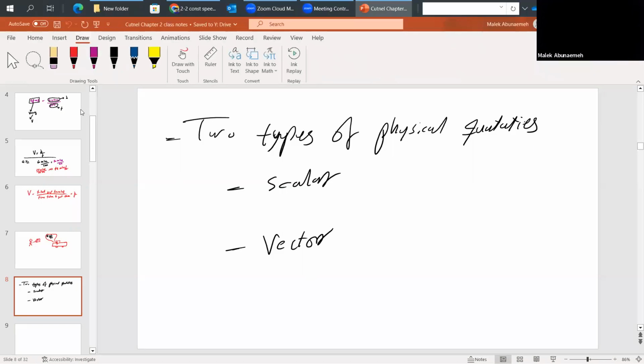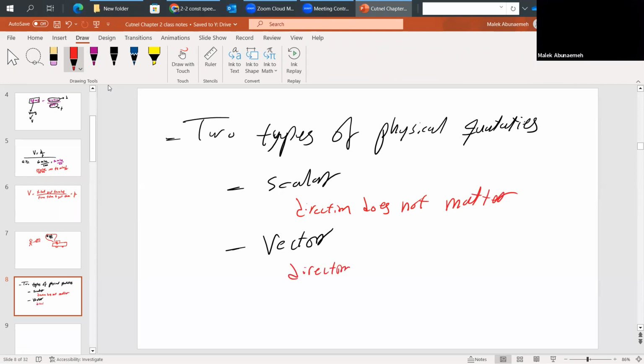With a scalar quantity, direction does not matter. With a vector, the direction matters.